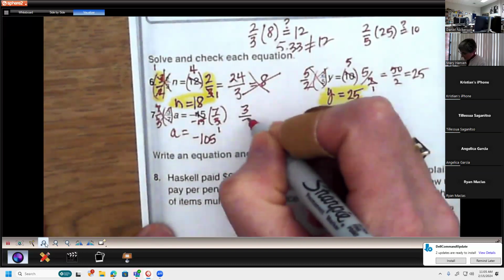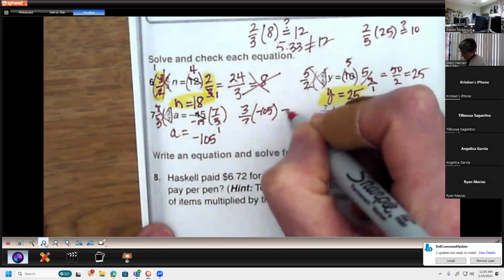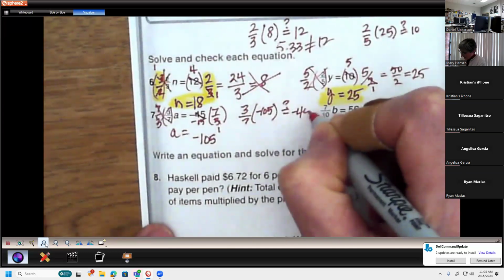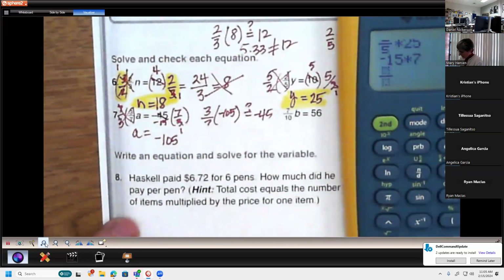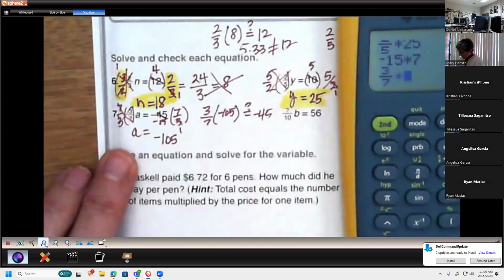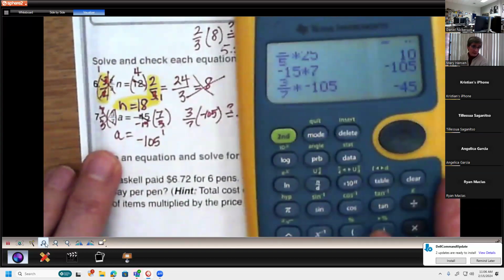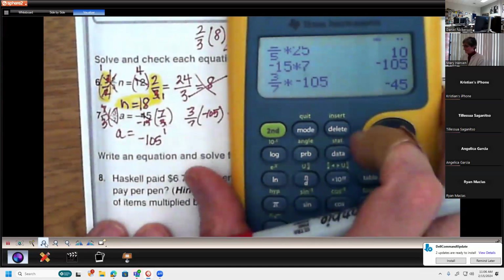So I want to check it. 3 over 7 times negative 105. Does that really equal negative 45? So I make a fraction, 3 on the top and 7 on the bottom, times negative 105. And it does in fact equal negative 45. Okay.